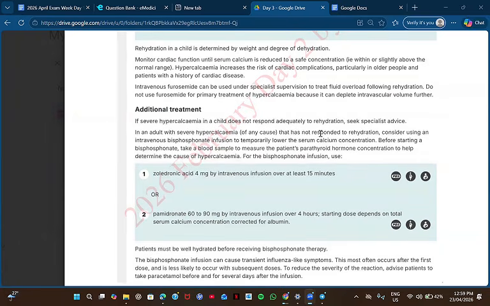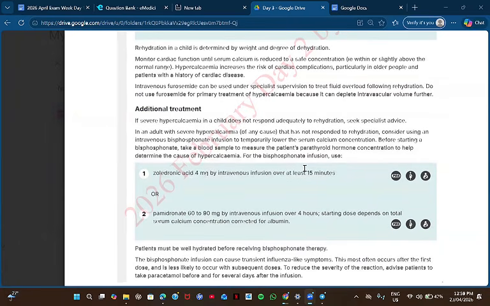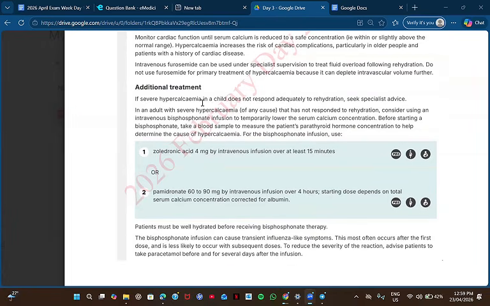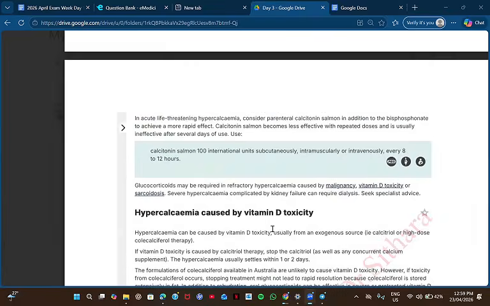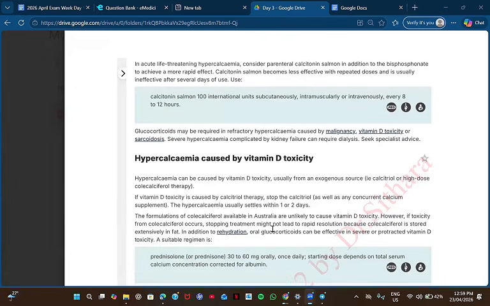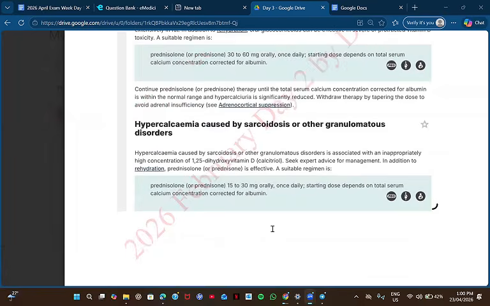Only in those who did not respond to the initial rehydration do we think about intravenous bisphosphonate. You can give zoledronic acid or pamidronate. If it is vitamin D deficiency, you have to give vitamin D. You have to treat the cause.